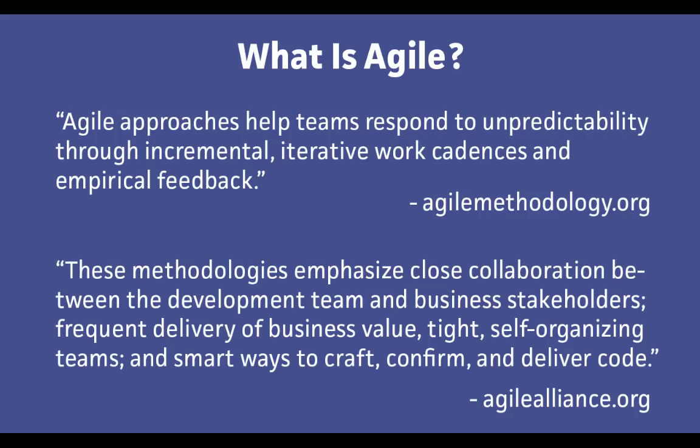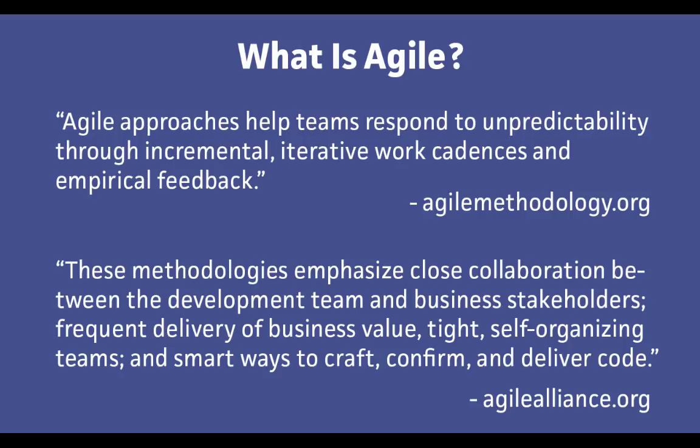So first, let's quickly go over what Agile is and why I think Trello is a great tool for Agile and Scrum development sprints. So agilemethodology.org defines Agile, stating that Agile approaches help teams respond to unpredictability through incremental, iterative work cadences and empirical feedback. So this is achieved through repeated sprints, which are defined periods of time, usually 1 to 2 weeks, but could be up to 4, where set tasks, also called user stories, are defined and accomplished to constantly be driving more business value.